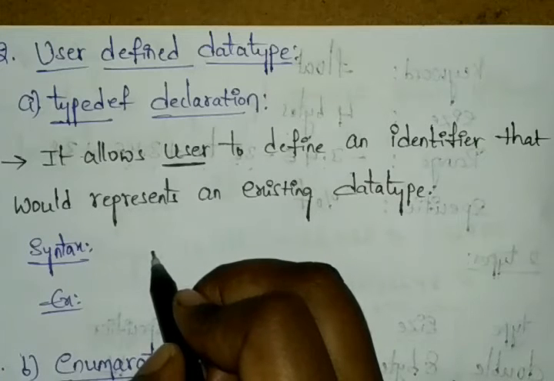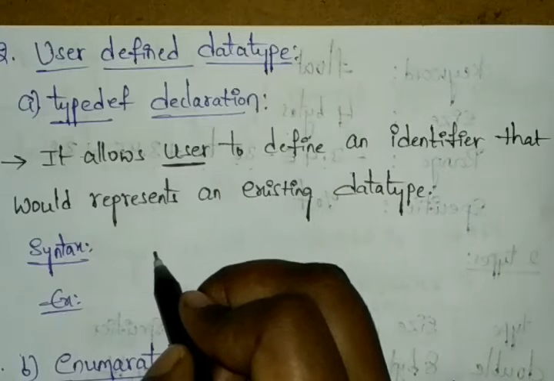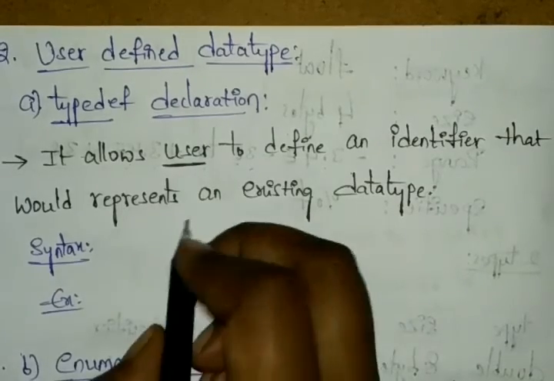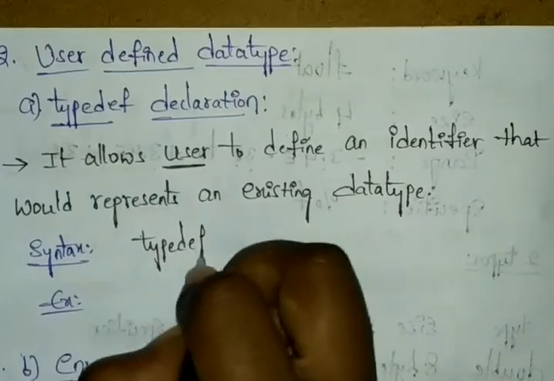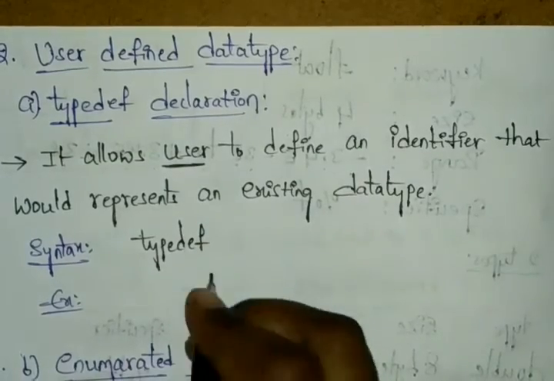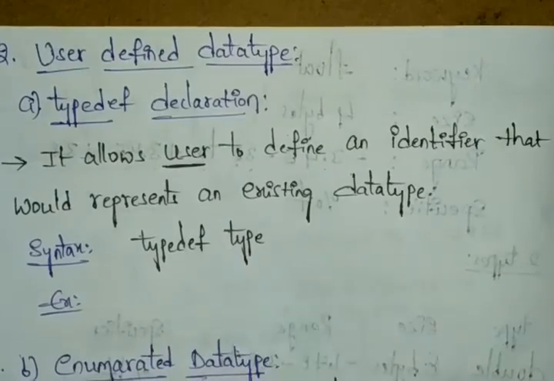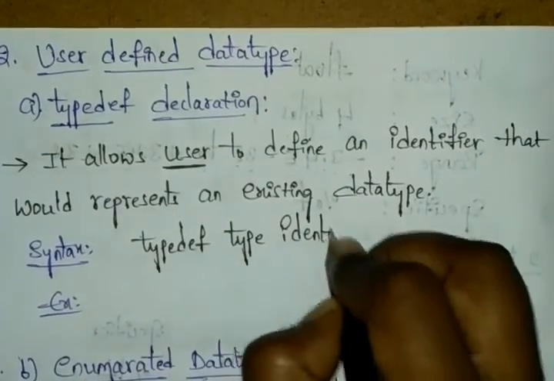And this user defined data type identifier can be used for the declaration of variables. If you are writing the syntax for this, it will be typedef. Def means definition, type definition, and type means the data type, and then you write the identifier.